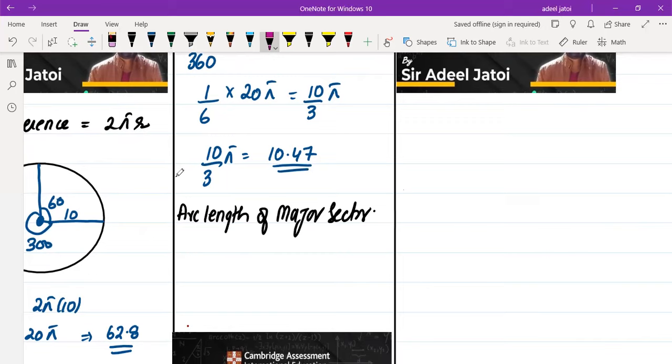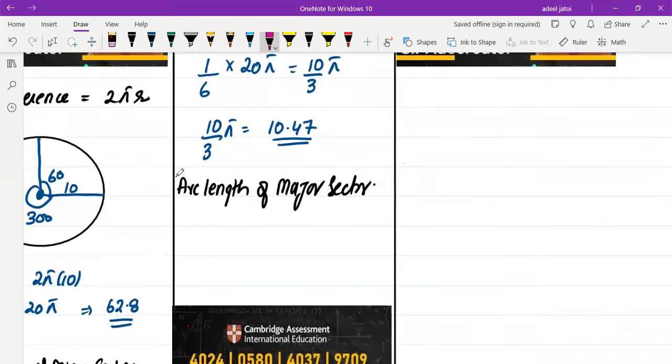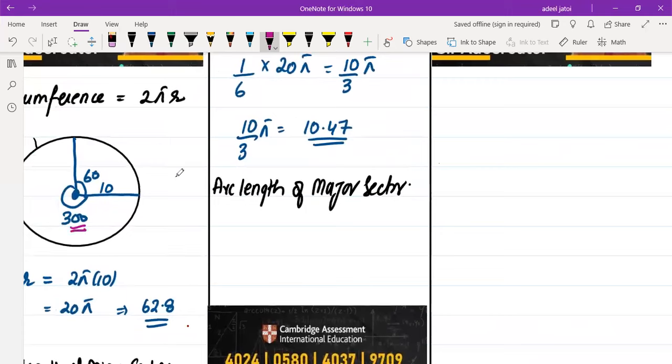So the circumference formula is 2 pi r. The major sector angle was 300. So this should be 300 upon 360 into 2 pi, and the radius was 10. So this should be 5 upon 6 multiplied by 2 pi 10, which will be 20 pi.